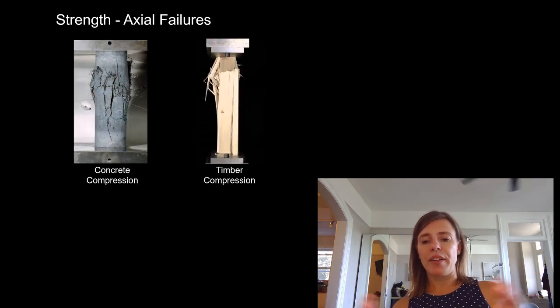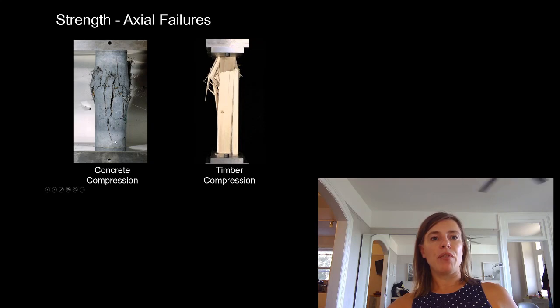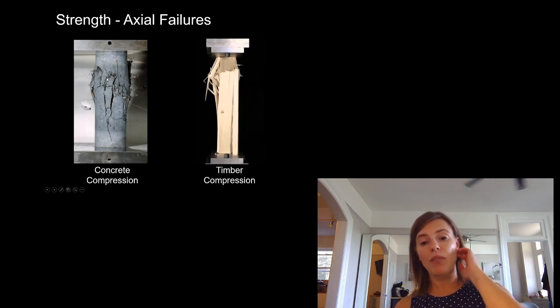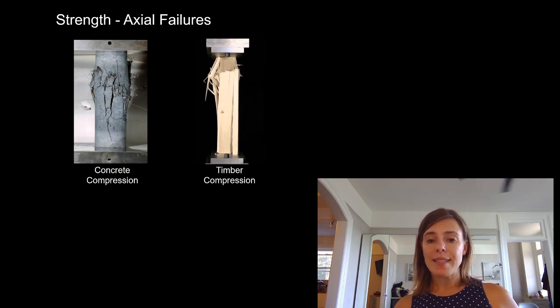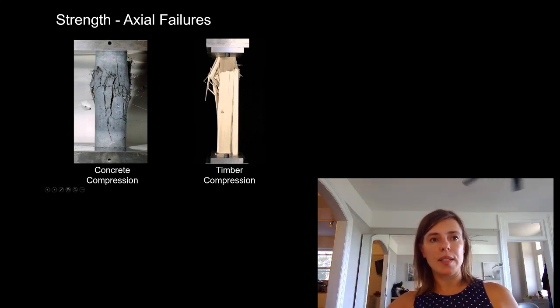So let's look at failures, because failures is always the fun thing to look at. Here we can see we have a compression failure. What's interesting about this is literally how we test the strength of concrete. When they are casting concrete anywhere, slabs, beams, columns, they have someone there taking samples of the concrete in a tube that looks similar to this.